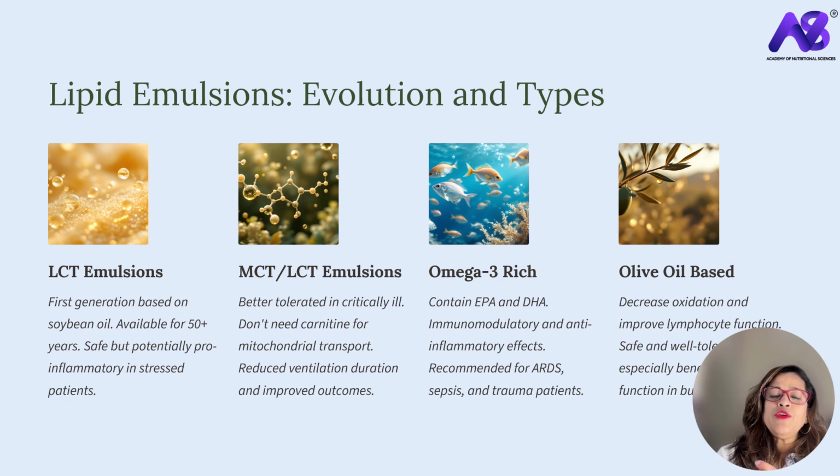So when you talk about a complete PN admixture, you have to talk about different products that are used today. You should know the characteristics of the oil, whether it is a soya based oil, it has a high omega-6 content, because we know today omega-6 can be pro-inflammatory. Okay, and therefore we have to use the right substrates.